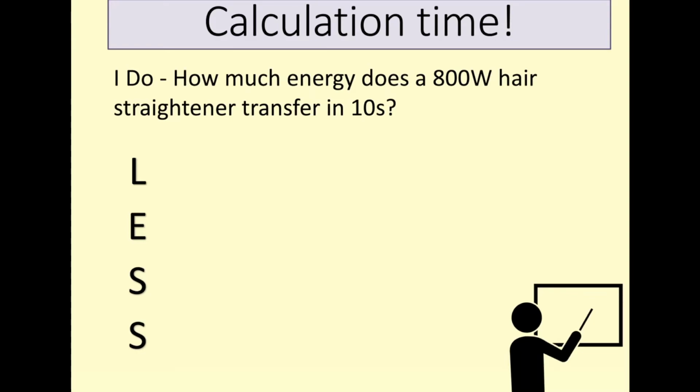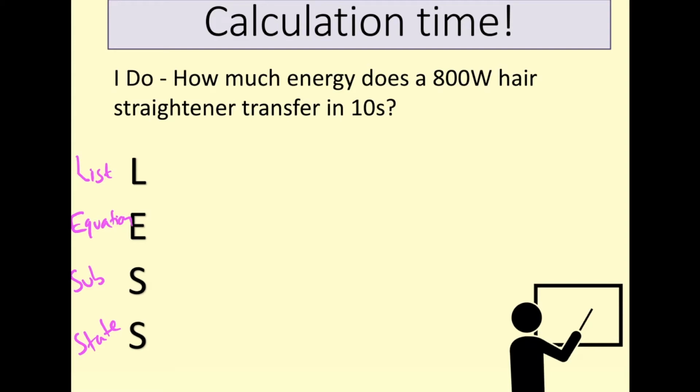So for those of you who are unfamiliar with how I like workings laid out, we use this principle here, using LESS to make sure that we're showing all the workings that we need. So the L stands for list, the E for equation, S for substitute, and S for state.